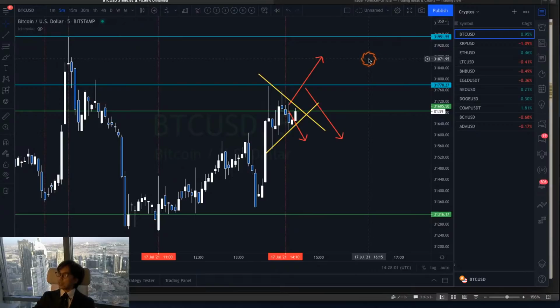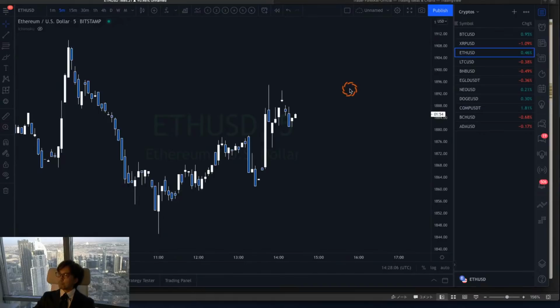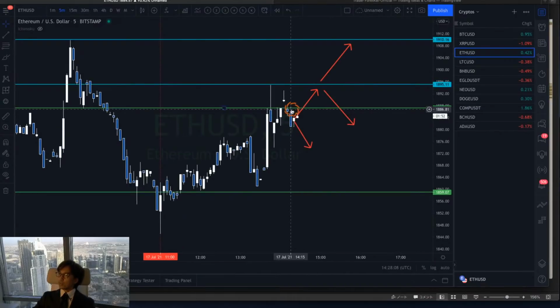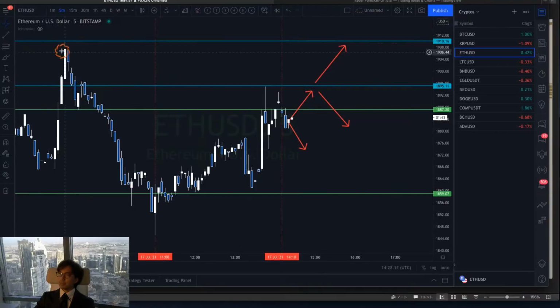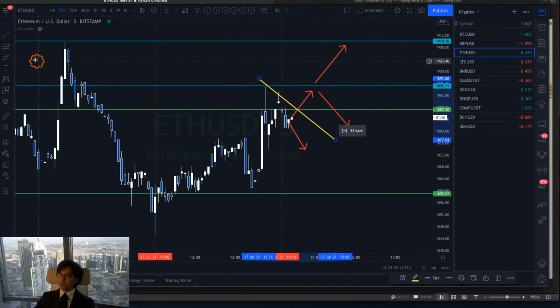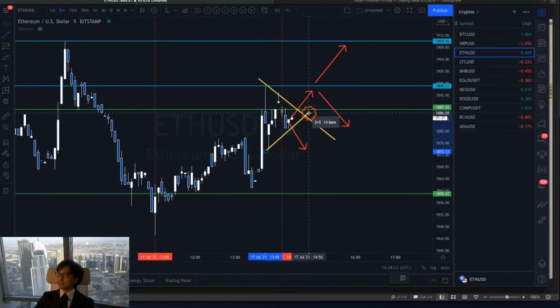And let me go back to Ethereum on the 5-minute. Okay, so this is where I place a buy. And this is also in the P wave. Looks identical, but let's just wait until the market moves a bit more.